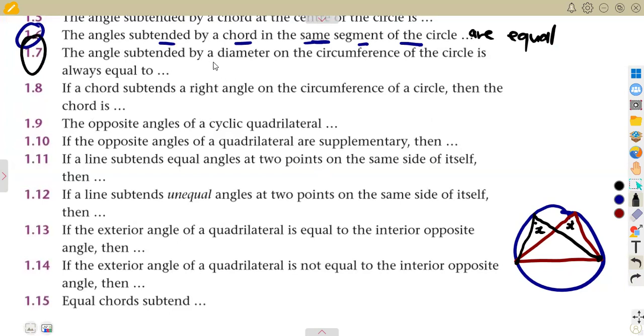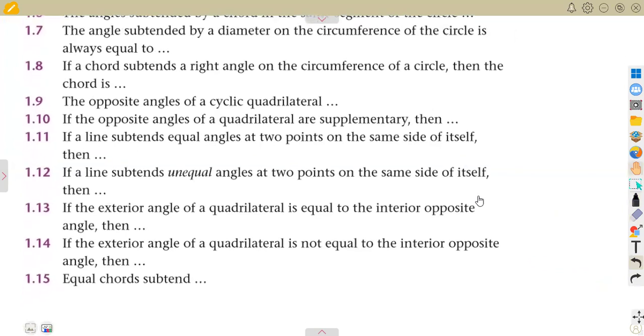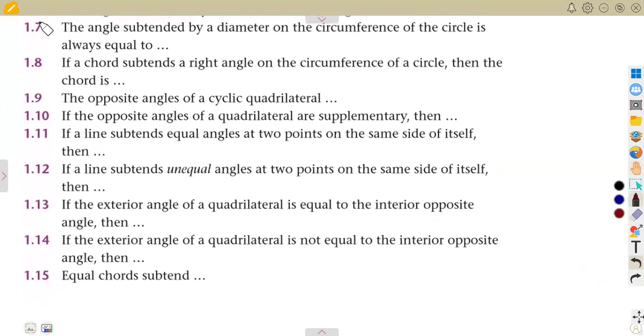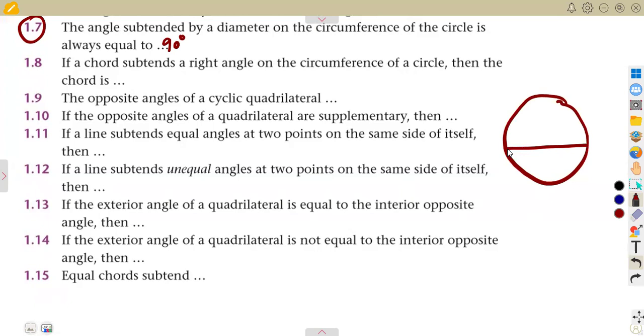The angle subtended by a diameter. So this is another part on its own. On 1.7, they need you to know this. The angle subtended by a diameter on the circumference of the circle is always equal to 90 degrees. Remember, guys, a diameter subtends an angle of 90 degrees at the circumference of the circle.